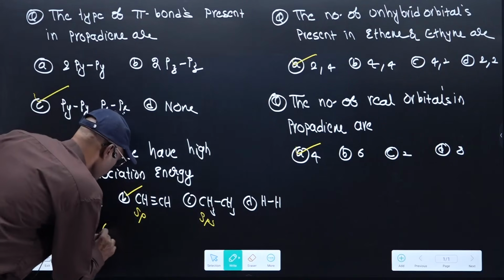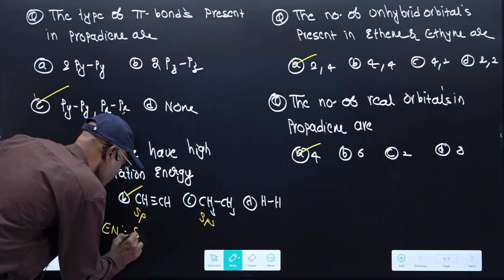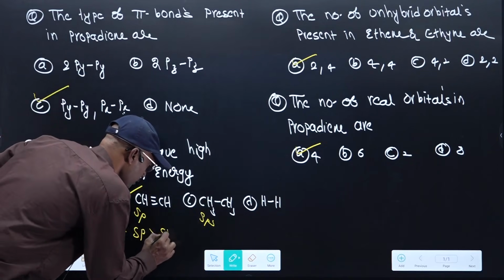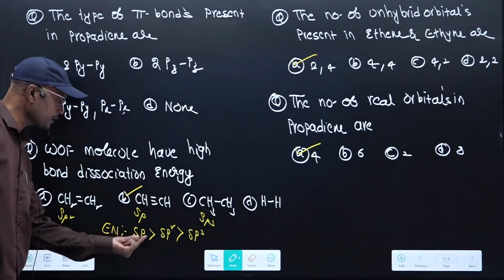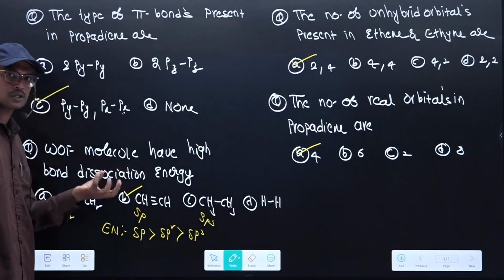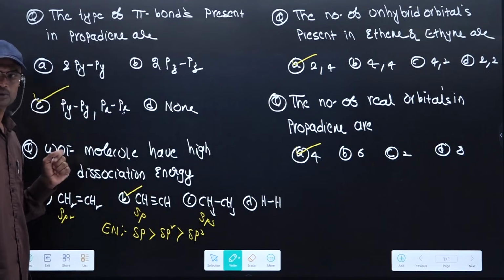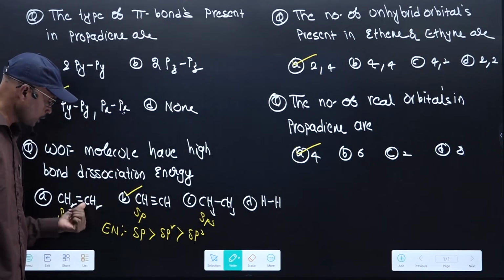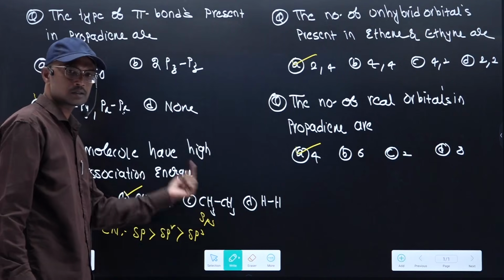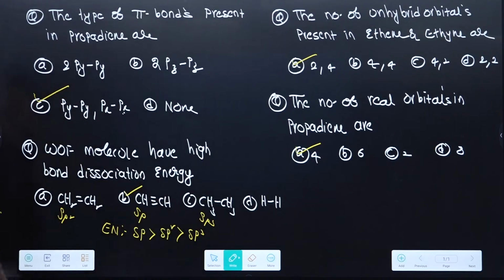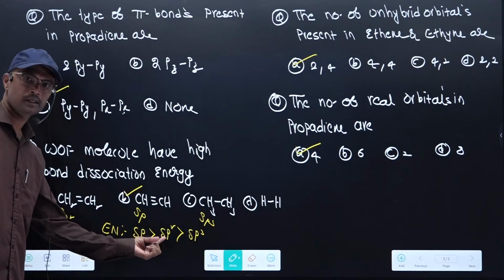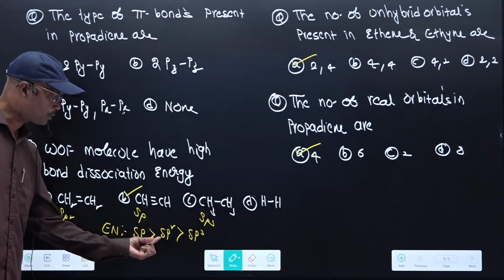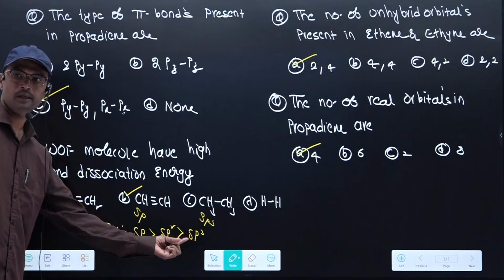So the electronegativity order is sp greater than sp2 greater than sp3. Greater electronegativity means greater withdrawing capacity and greater acidity. So a triple bond is more acidic than a double bond, which is more acidic than a single bond. Remember this electronegativity order: sp carbon is more electronegative than sp2 carbon, which is more electronegative than sp3.